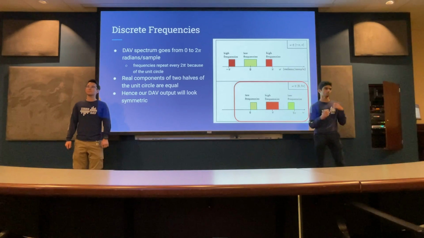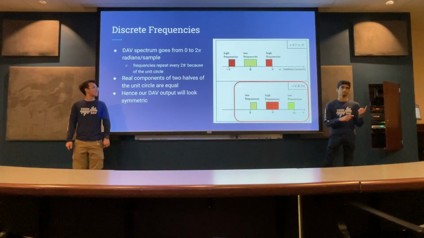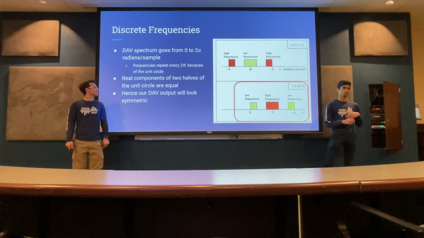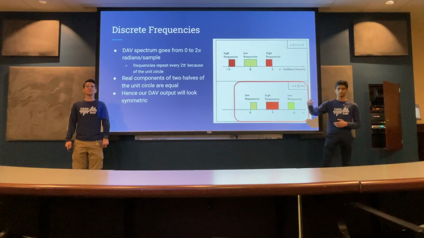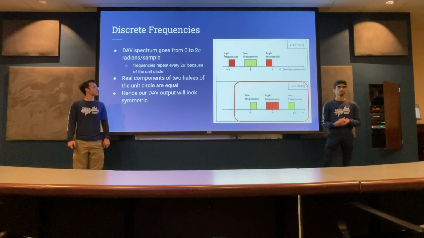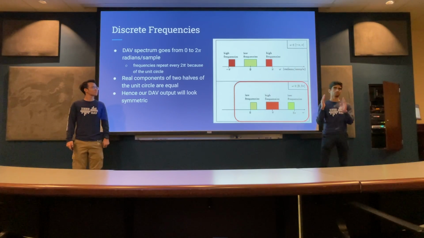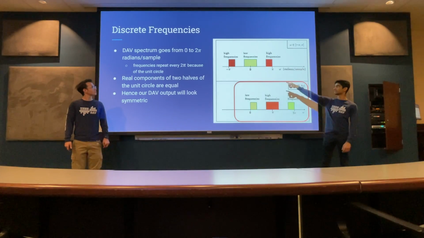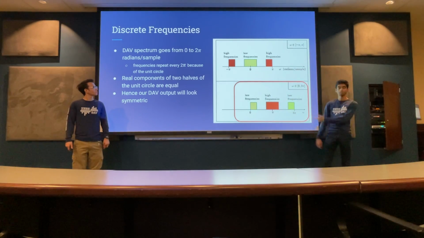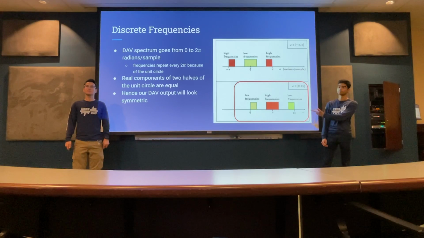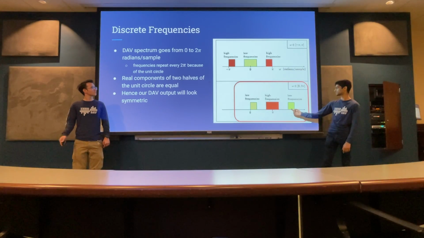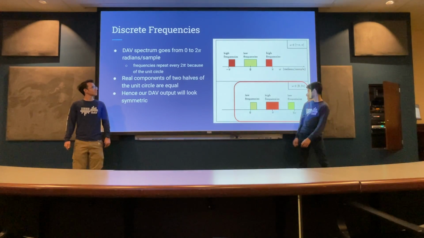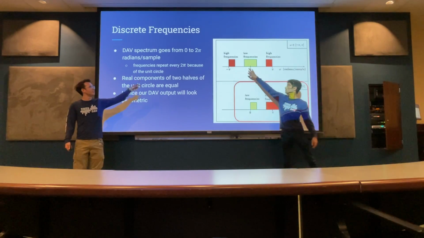And 0 to 2 pi repeats: once you go past 2 pi, it's the same circle over again. So discrete frequencies stay within this range of 0 to 2 pi. You can see that here with the red frequencies: whether you take them from -pi to pi or 0 to 2 pi, it gives you the same values. Like this yellow right here.